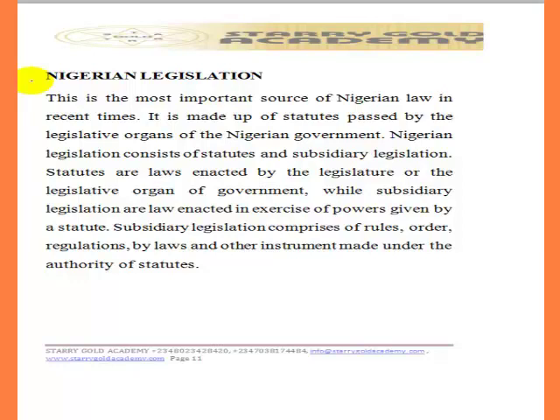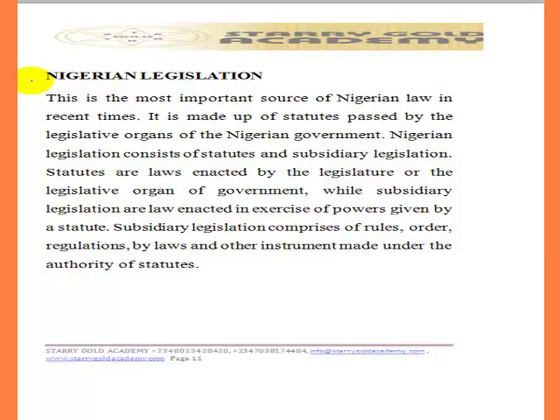And also, based on what is written here, it says this is the most important source of Nigerian law in recent times. That means the laws that we have been using in Nigeria today are made by our own legislative body. It is made up of statutes passed by the legislative organs of the Nigerian government.